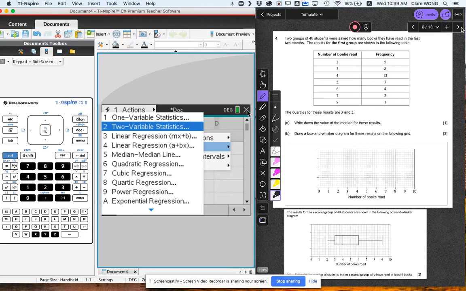Box plot. 2 groups of 40 students were asked how many books they have read in the last 2 months. The results for the first group are shown in the following table. The quartiles of these results are 3 and 5. So the quartiles, Q3 must be 5, Q1 must be 3. Write down the value of the median of these results.